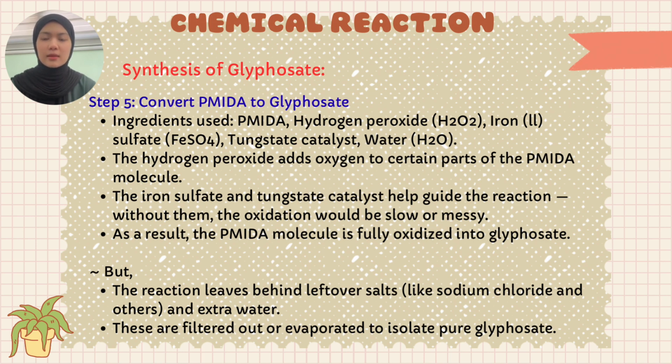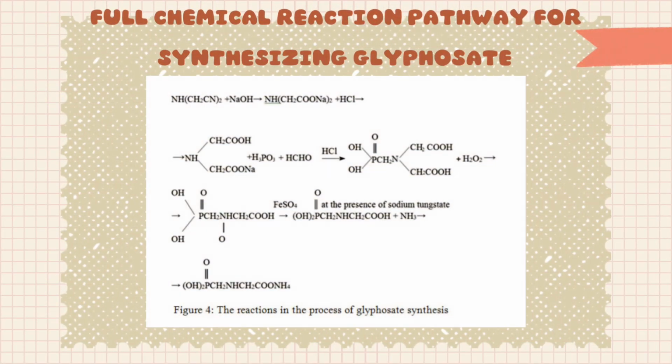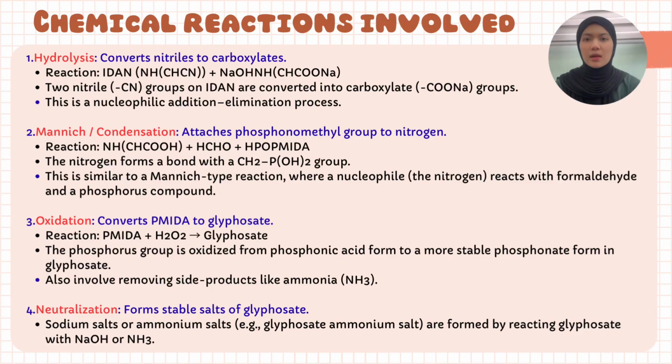In the next slide, you can see the full chemical reaction pathway for synthesizing glyphosate. There are 4 chemical reactions involved in the synthesis of glyphosate, which are hydrolysis, Mannich condensation, oxidation, and neutralization.